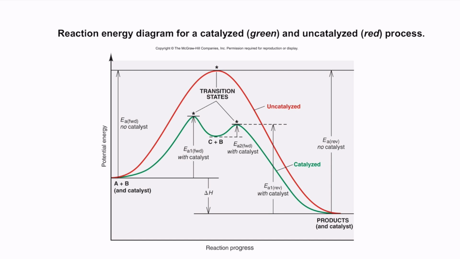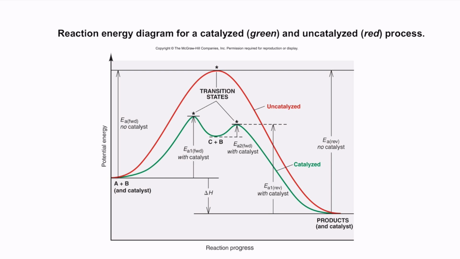So the activation energy is the difference between the energy of the reactants and the highest energy level. So E sub A is the activation energy, and here is the activation energy for a reaction.